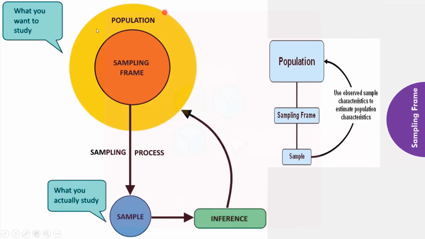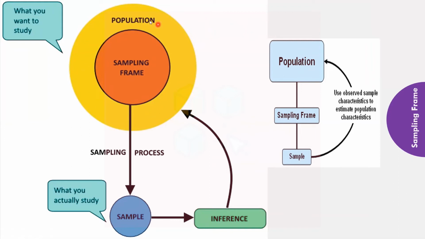Okay, the yellow circle is the population. The orange, the rust circle is showing the available population. For example, the population is all the students of the first year of the Lahore College, but all students are not still enrolled in the Lahore College for Women University.